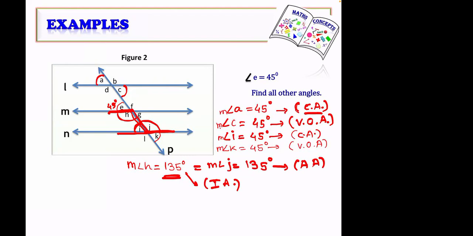Yes, ma'am. B and D, they both will be 135 because they both are vertically opposite angles. That's right. Okay, why would B be 135? Because it is a straight angle and a straight angle is 180.